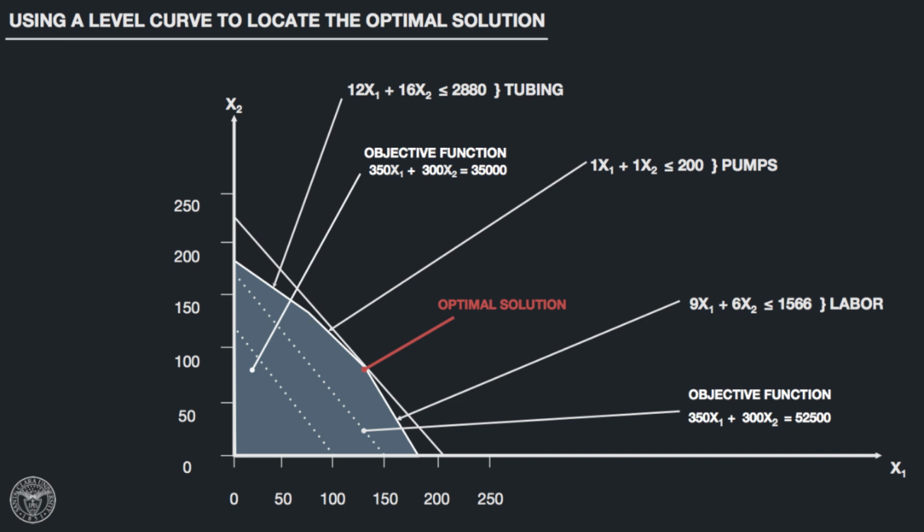In this case, the optimal solution is given by two constraints, which we call binding constraints. Going back to the model, the first binding constraint is the palms constraint, and the second is the labor constraint. Now we need to solve for the optimal solution point from those two binding constraints.